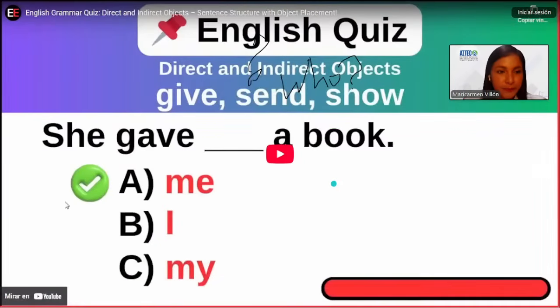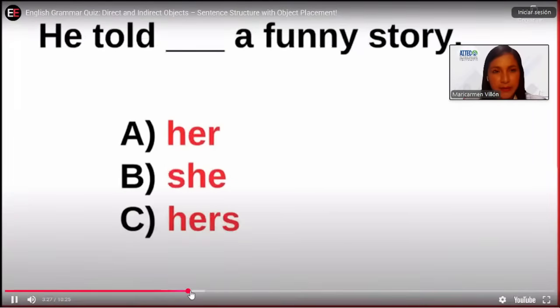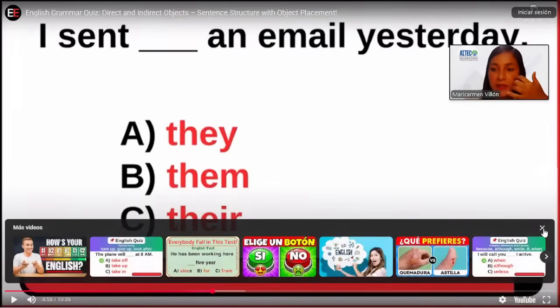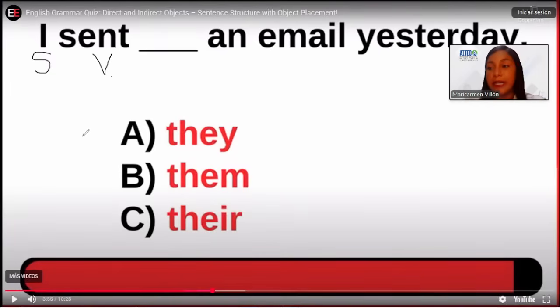Let me see if I can put it on number 9. One moment. Okay, there. Look at this one. This is number 10, I think. So remember here, we have the action, the subject there. We have the verb in past. We have an email.